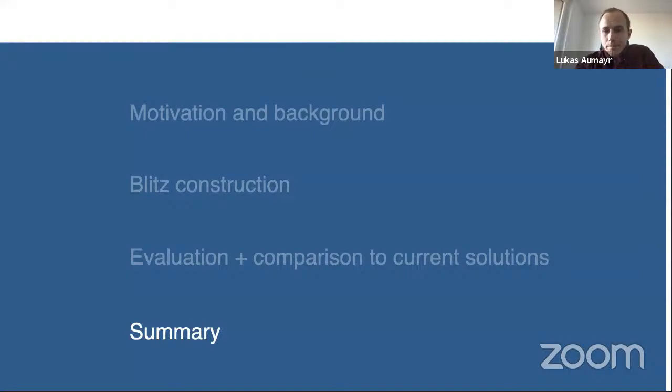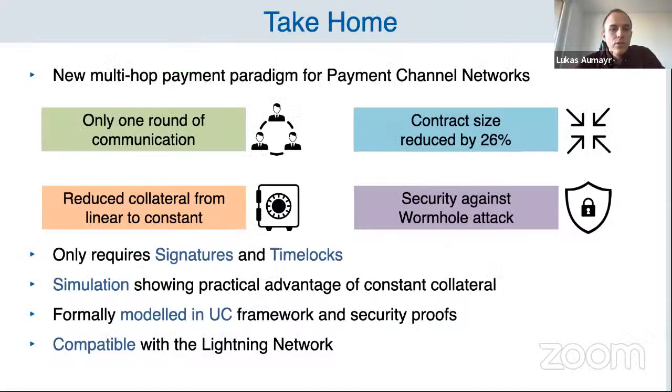Now to sum up, we introduced a new multi-hop payment paradigm, the pay or revoke for payment channel networks. And in it, we achieve secure multi-hop payments in one round of communication. We reduced the collateral from linear to constant, reduced the contract size by 26%, and we are secure against the wormhole attack. On top of this, we require only signatures and time locks, so we don't actually require hash locks.